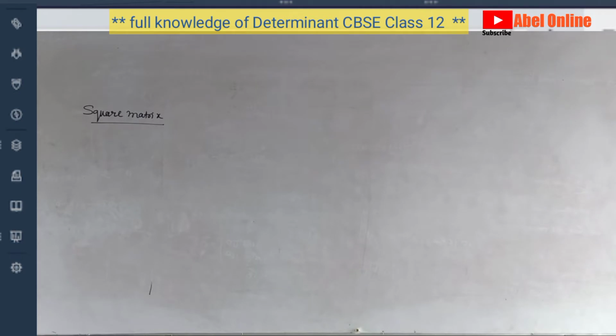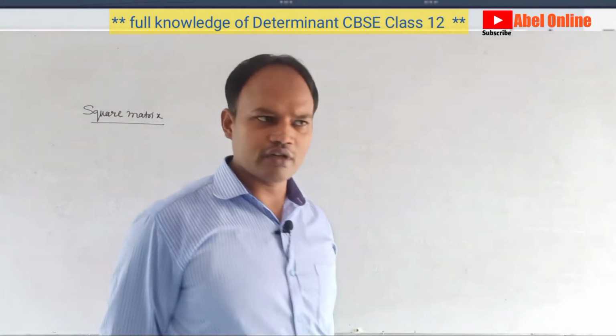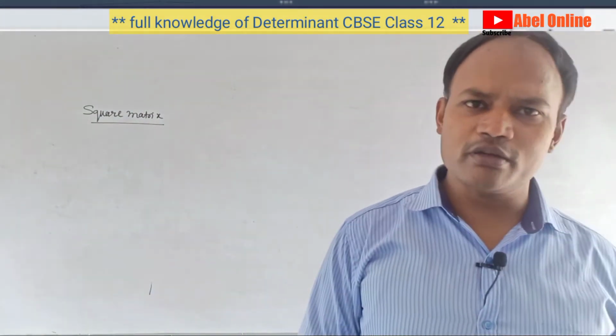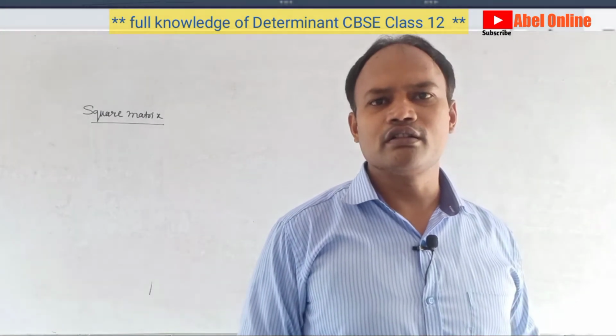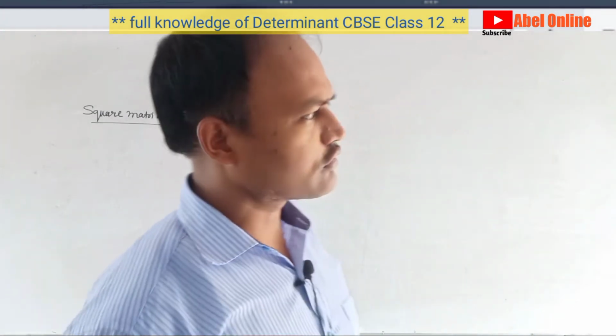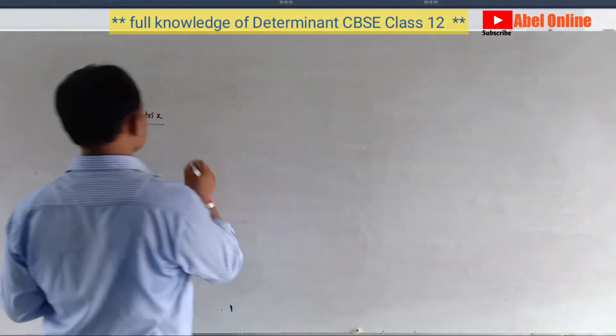Today we are going to discuss determinant, and this topic is the square matrix. We have discussed in a previous video what is the square matrix. We can say that a matrix having rows equal to columns is a square matrix.